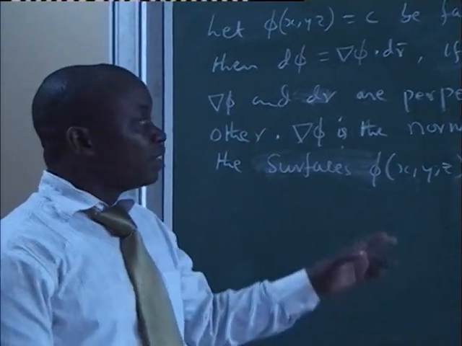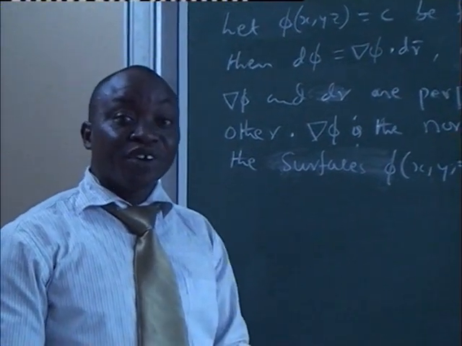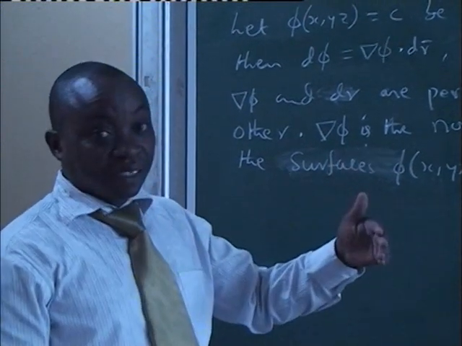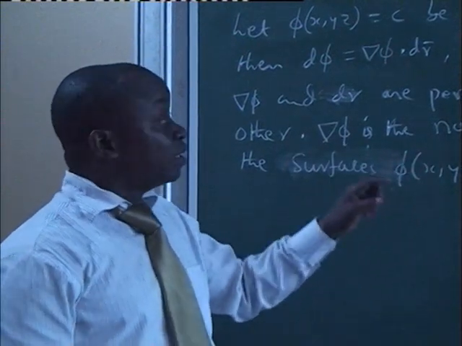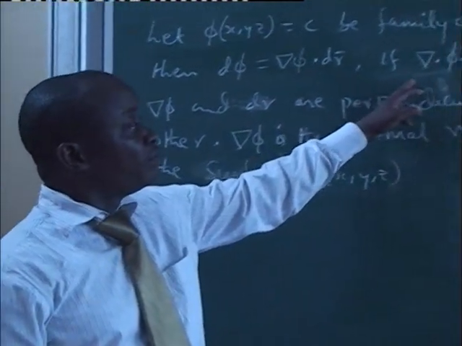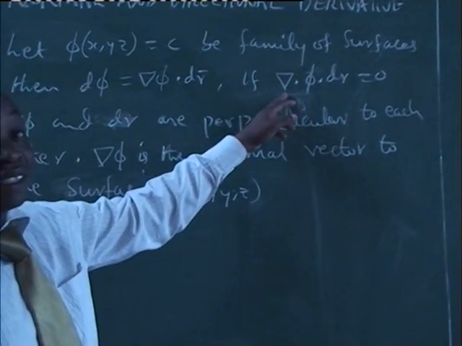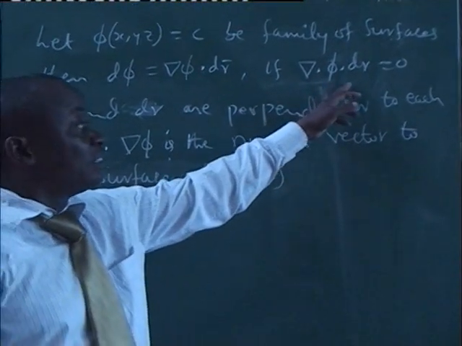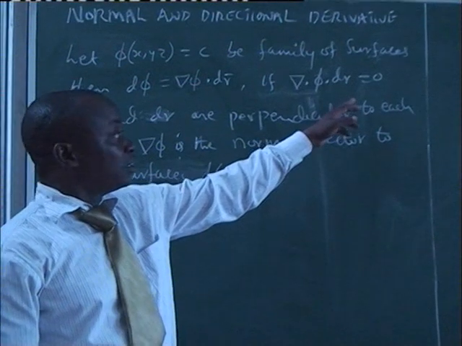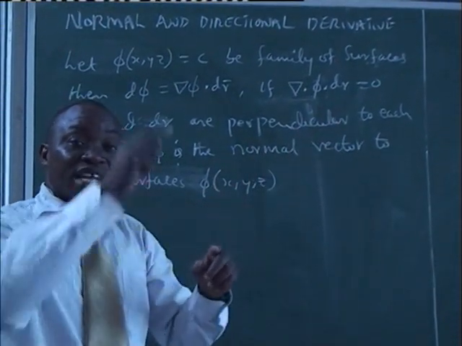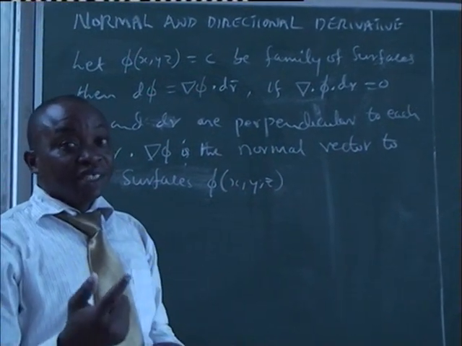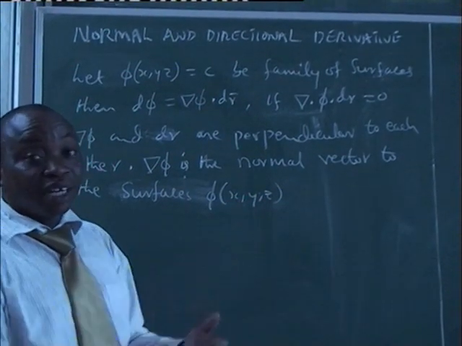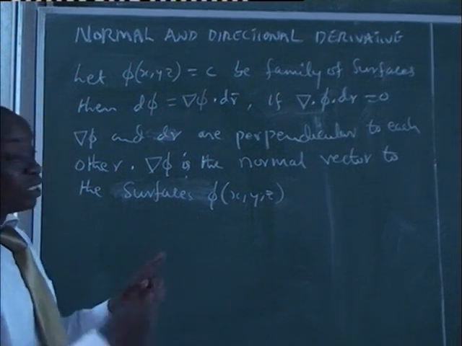So you will know about the gradient, and what we call the curl of a function. I assume you have taken a course on that. Now, this is a differential operator, so del phi dot dr equals 0. If it equals 0, it means they are perpendicular. They will form an angle of 90 degrees, and you know that for two vectors to form an angle of 90 degrees, it means they are perpendicular.